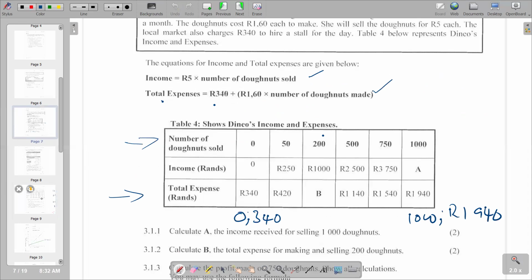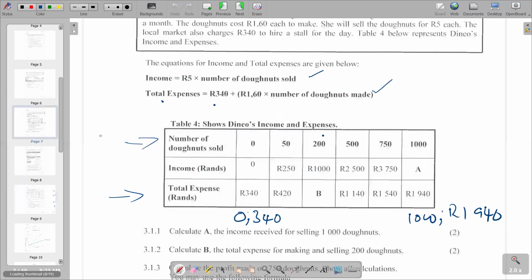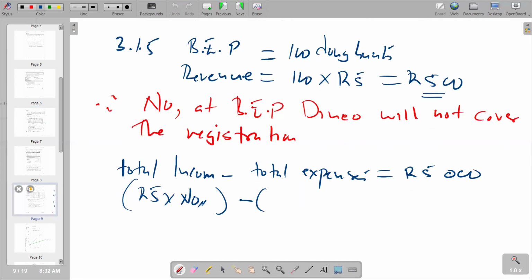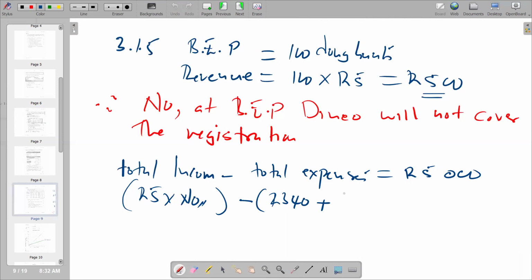So we are coming here and we are saying 5 rand times number of donors. We can just leave it as number. Then subtract total expenses, whereby total expenses we are given as a formula of 340 plus 160 times number of donors, which is again number.